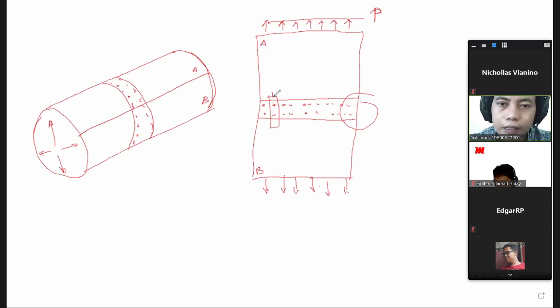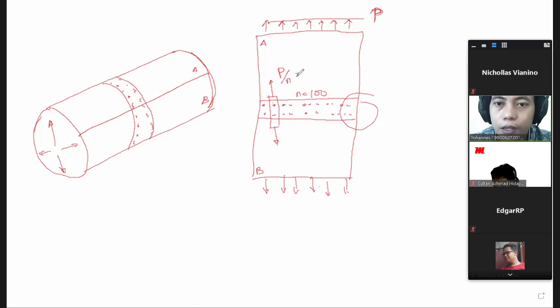And here, the load must be divided. So if the overall load equals P, and here we have 100 rivets, the number of rivets is 100, then we have to divide this load by the number of rivets.